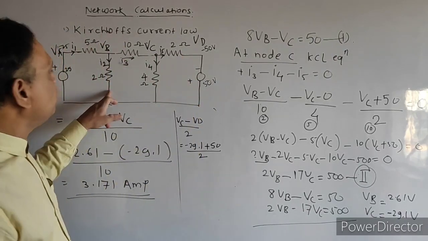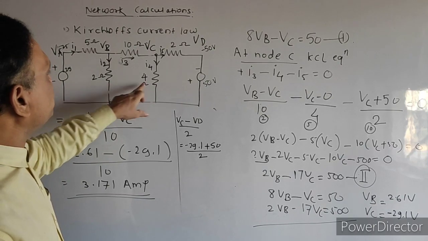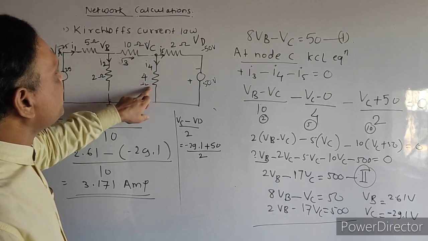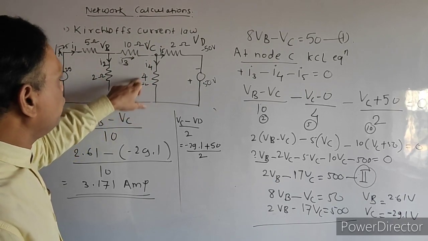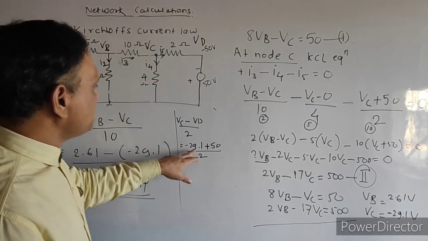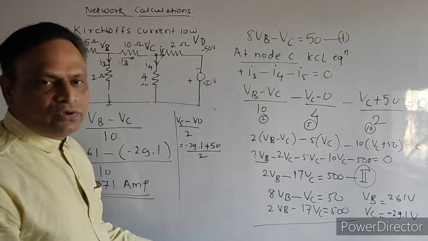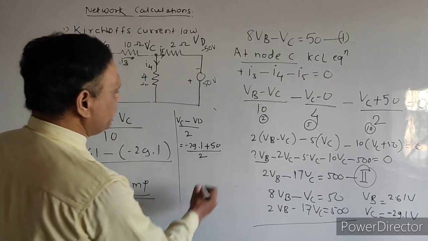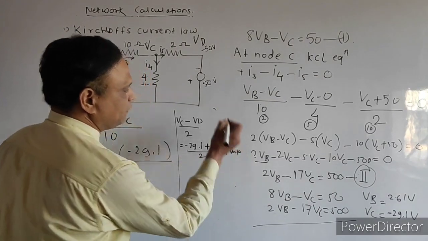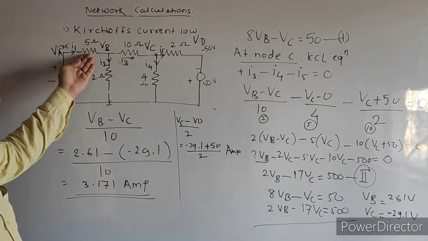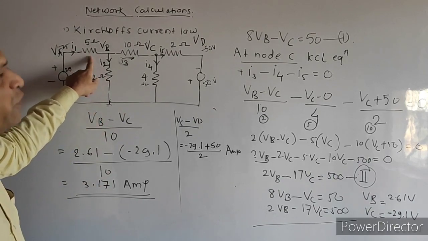Similarly, they can ask you to find the current flowing through the 4 ohm resistor. If it is asked, then this will be simply VC minus 0 upon 4. Our VC was minus 29.1 upon 4. Whatever value you get will be the value in amperes for that current. Similarly, they can ask what is the current flowing through the 5 ohm resistor. Then you have to write VA minus VB. VA was 25, so 25 minus VB, where VB is 2.61 volts, upon 5. That will be the value of the current flowing through this 5 ohm resistor.